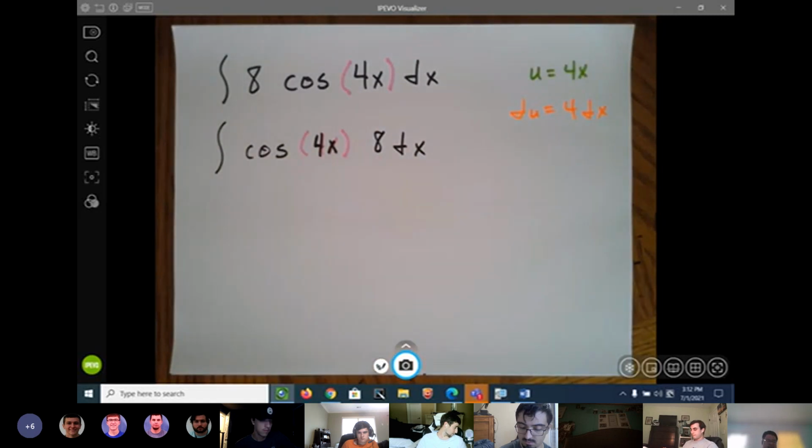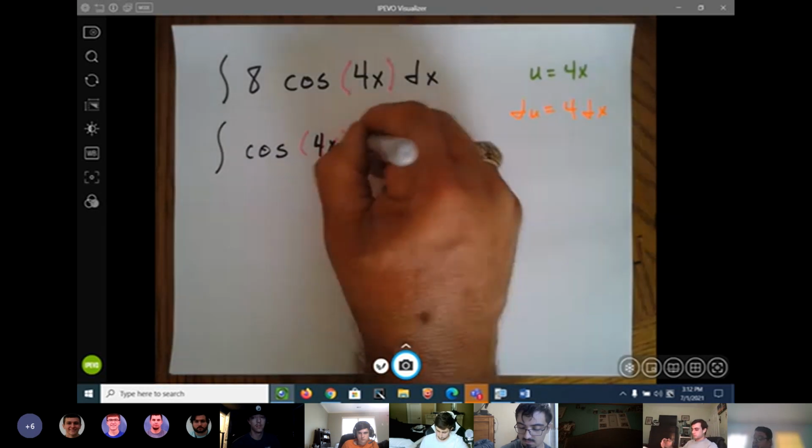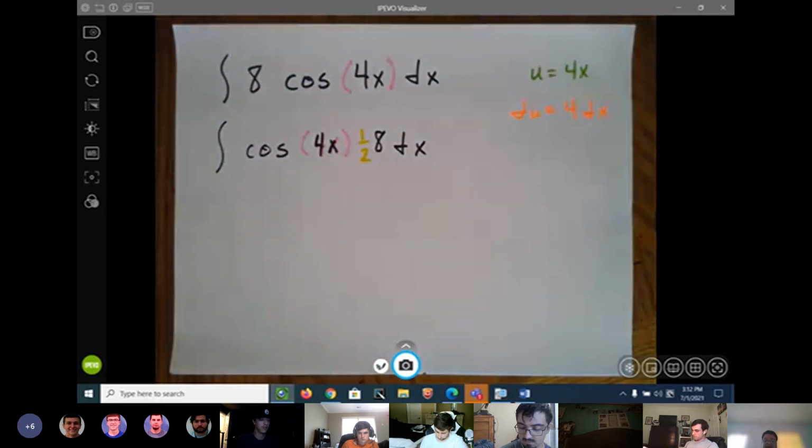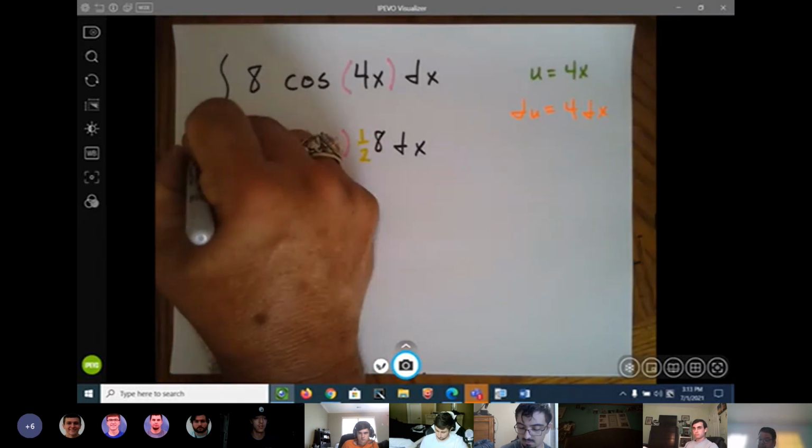So what am I going to do? I want the 8 dx to be a 4 dx, so multiply by 1/2. And if I multiply the inside by 1/2, I've got to multiply the outside by 2.